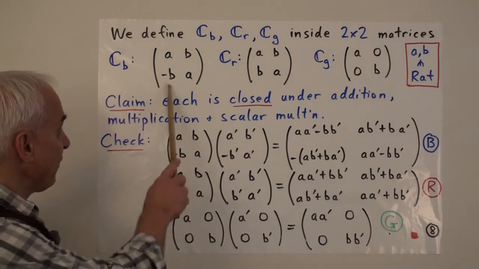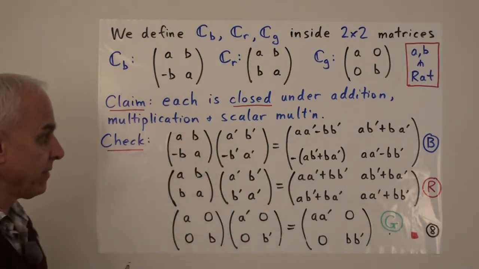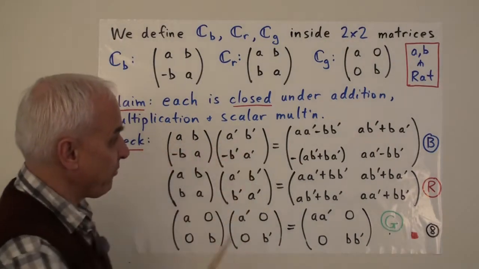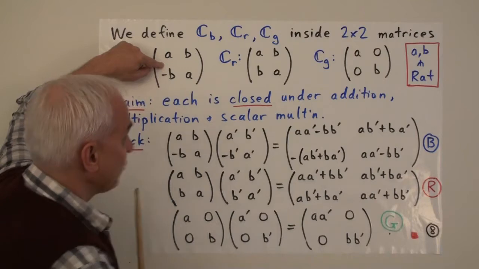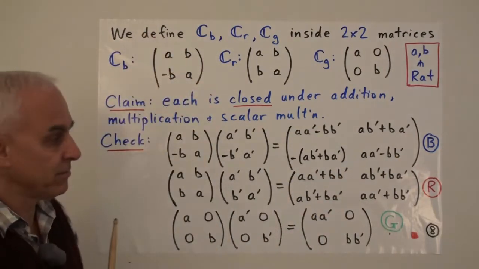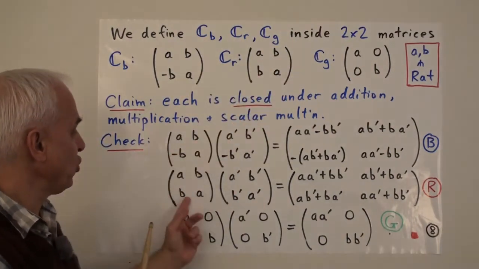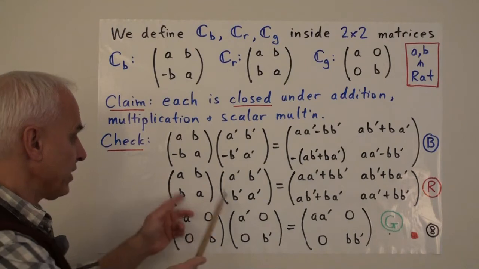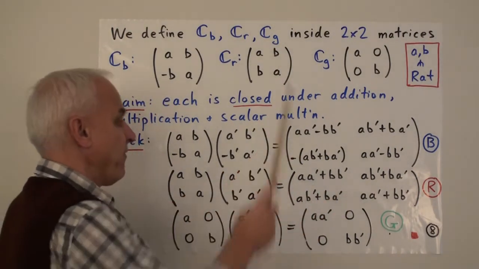Here's a matrix of this form. Here's another matrix of this form. Here's the product. And you can see by looking at the product that it has the same form as this one. Namely, this entry is the same as that entry, and this entry is the negative of this entry. Same thing for these matrices. If we take two of them, multiply them, we get another matrix which has the same form.